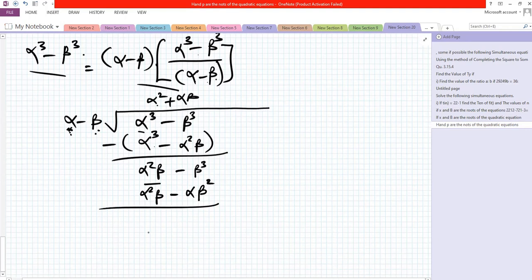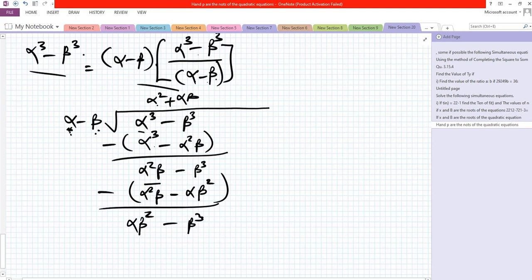Now if you use this to subtract, this will cancel out. This will now be alpha beta square minus beta cube.